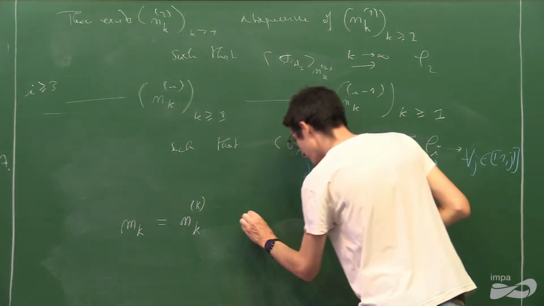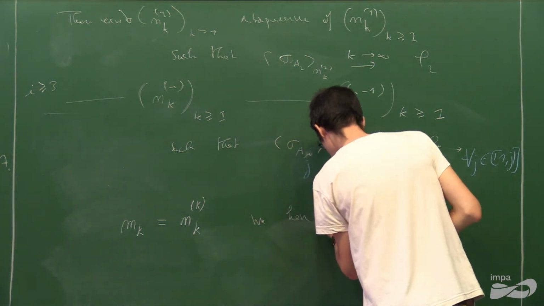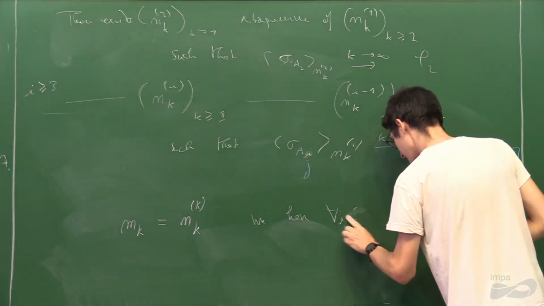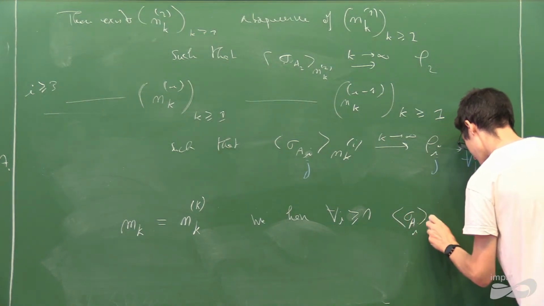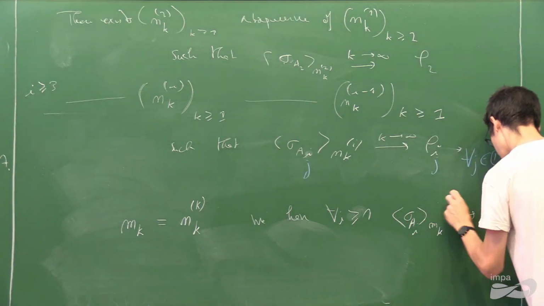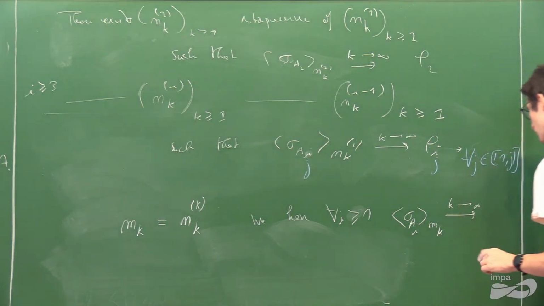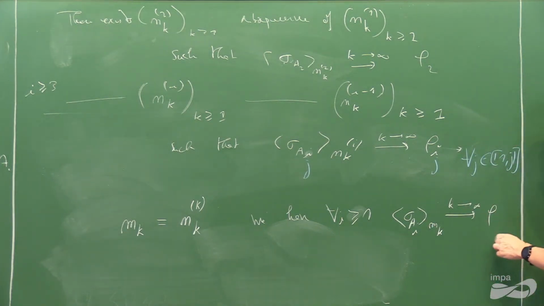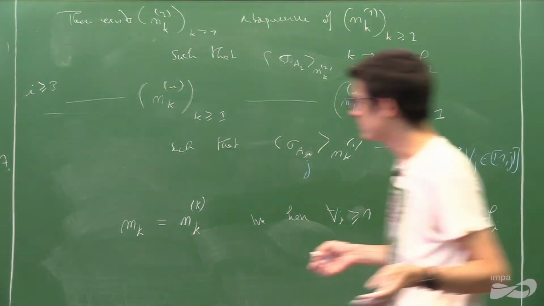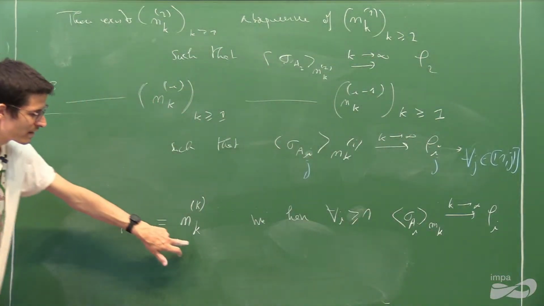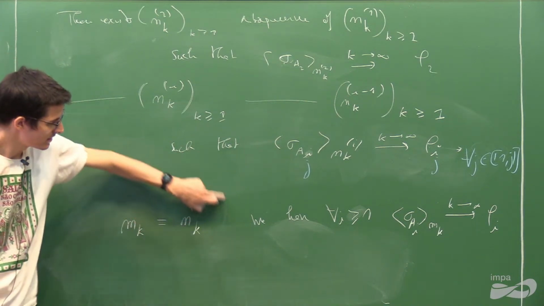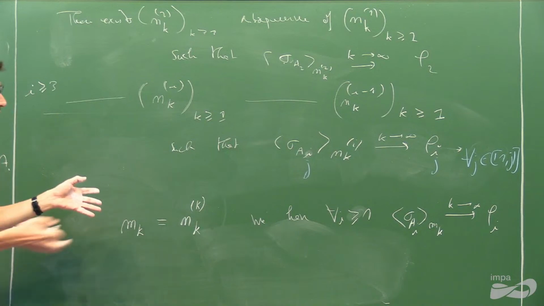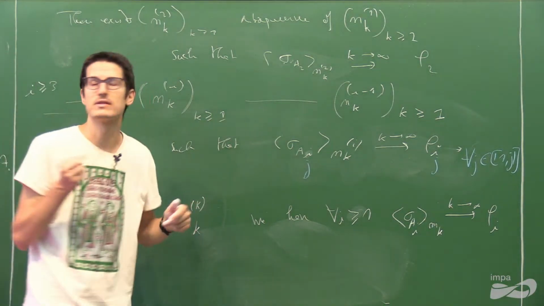Okay? So we have, for all i larger than 1, sigma Ai of Mk converges to Li. Okay, why? Well, simply because from k larger than i, this thing starts to be a subsequence of Nki.